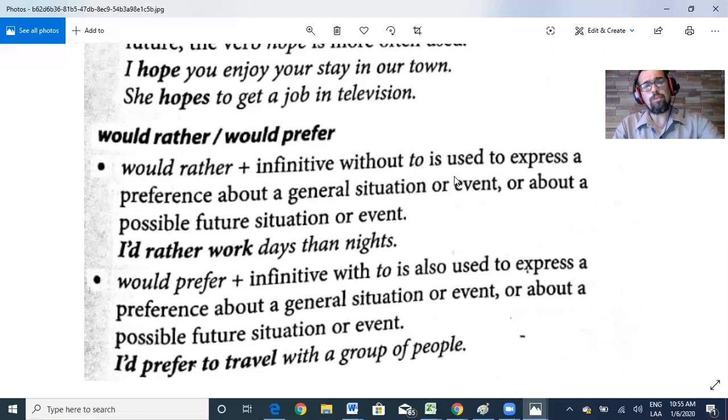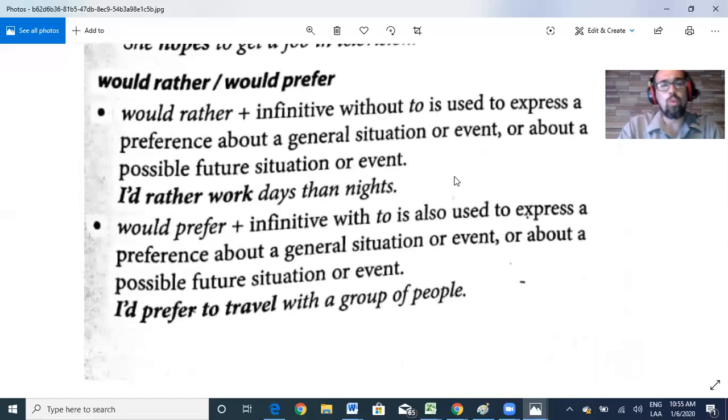Okay, let's go to the other part, which says would prefer plus infinitive. First of all, we say would rather plus infinitive without to. Now we're using would prefer plus infinitive with to. It is also used to express a preference about a general situation or event, or about a possible future situation or event.